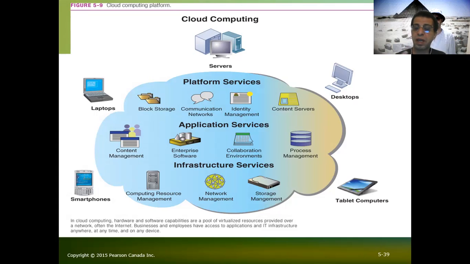And then you have the application services, which could be content management, enterprise software, collaboration tools or process management. And then you have the infrastructure, which is storage management, network management and computing resource management.